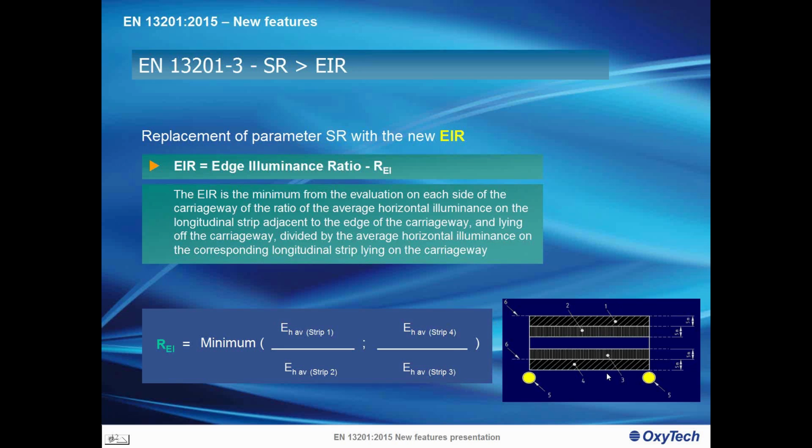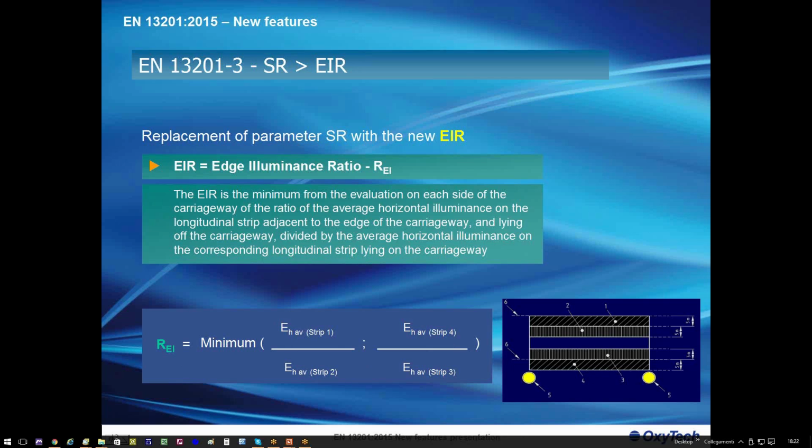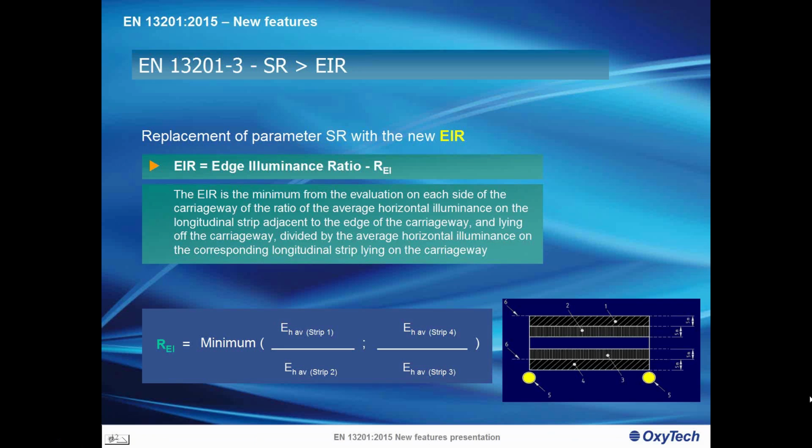And on the other side, we have strip 4 on strip 3, the average illuminance of the other two strips. So in this case, we have to show in our reports after the calculation the minimum value coming out from the calculation. So you can understand that in this case it is possible to have a clear idea where we have the worst condition, and in case we are below, we can apply the changes to our installation.